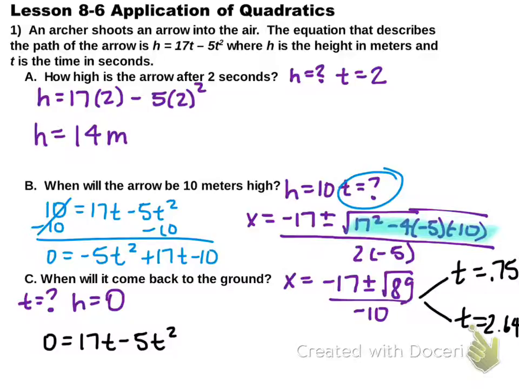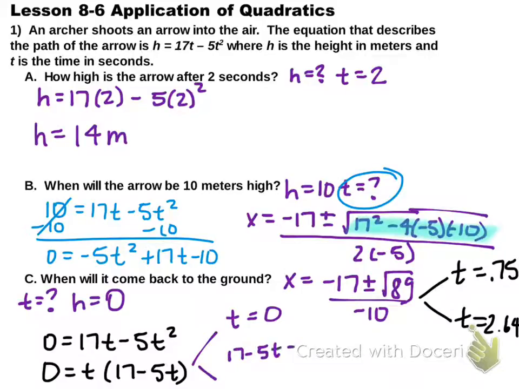You can do the quadratic formula with this and c is equal to 0, or you can factor out t, and you're left with 17 minus 5t is equal to 0. Now you have two factors multiplied together that get you 0. So either t is equal to 0 or 17 minus 5t is equal to 0. Solving, I get t is equal to 17 fifths.